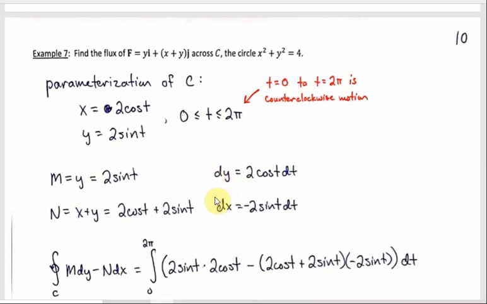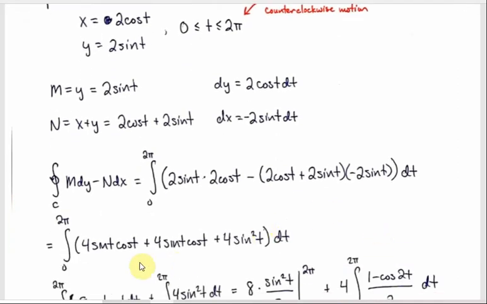I wrote these where they are because they get multiplied together in the next step, since we're going to integrate counterclockwise over C of M dy minus N dx. So there's M dy, with the dt stuck at the end, and then minus N times dx.